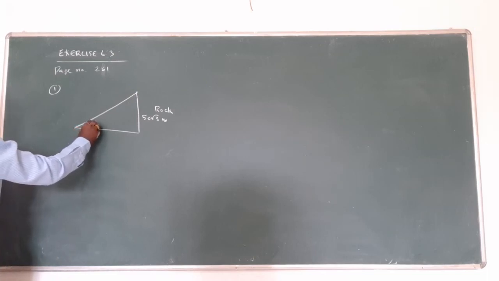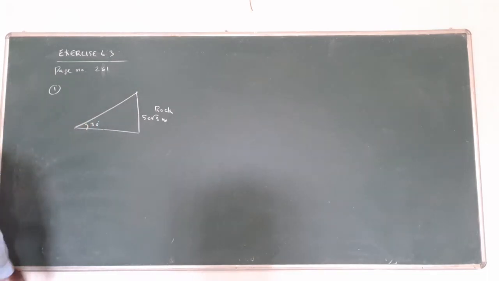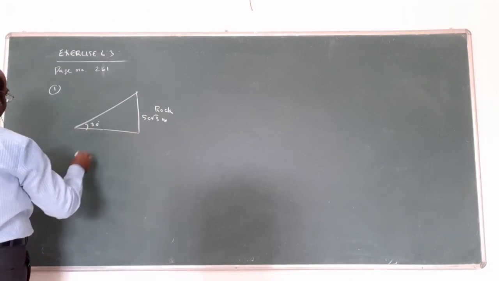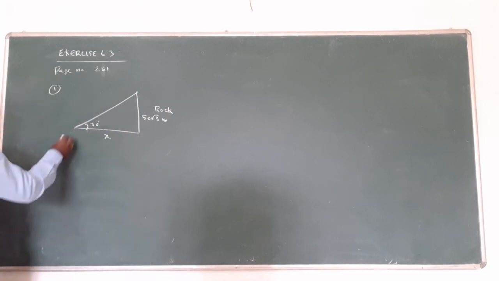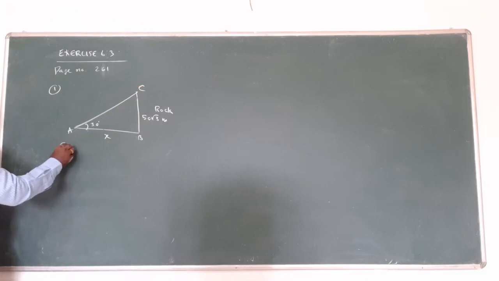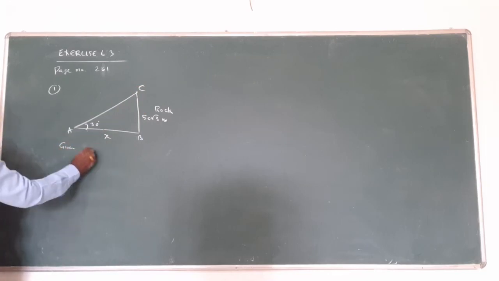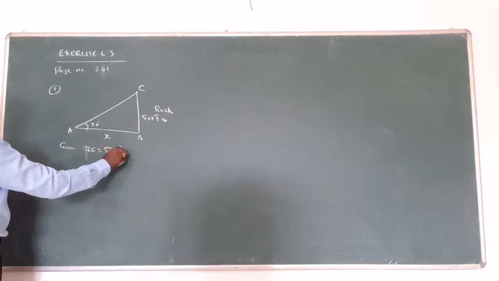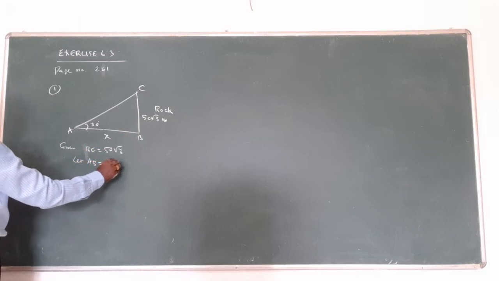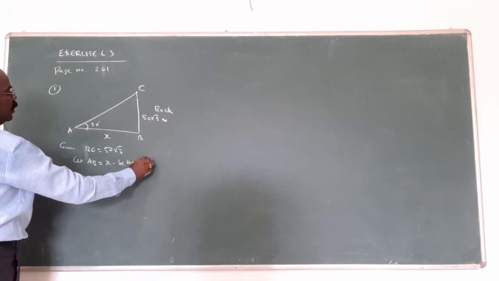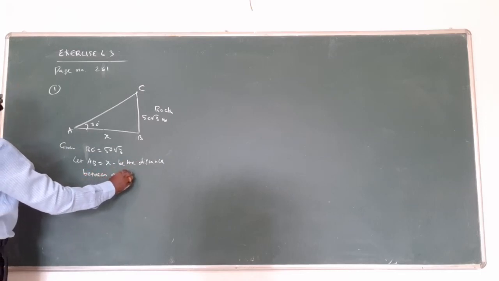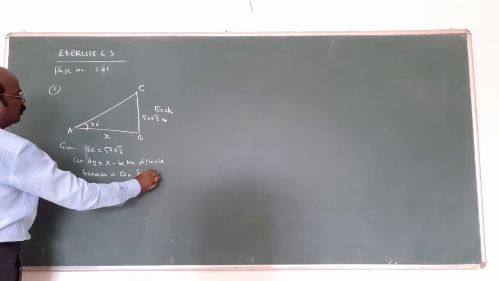This is asked. Am I right? Given AB is equal to 50 root 3, the height of the rock. Let BC be equal to x, the distance between the car and the rock.